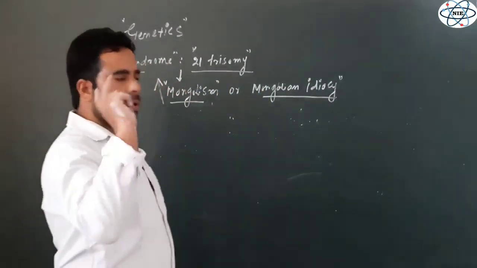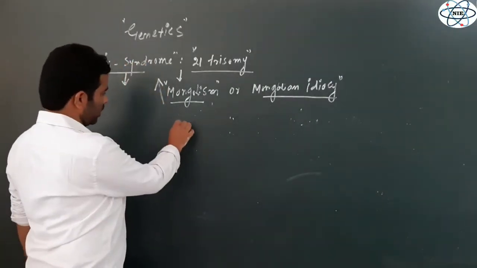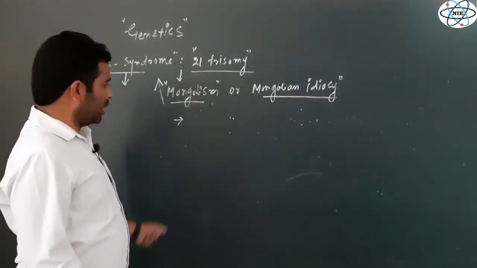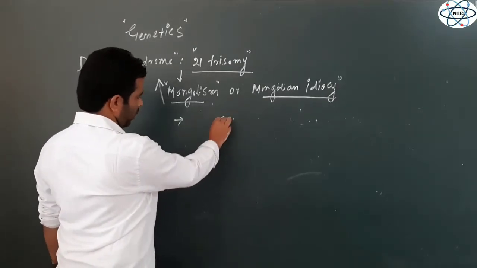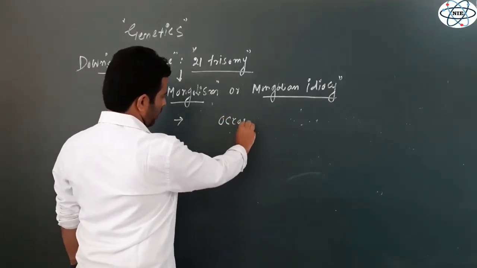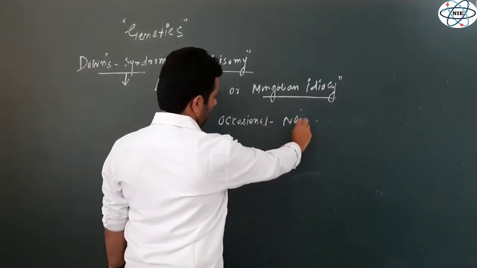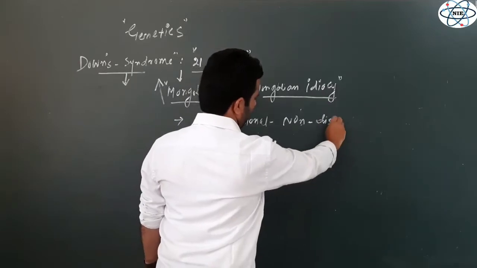I mean, there are 2 copies of each other chromosome, right? Now the answer to this question is that this condition, where there are 3 copies of chromosome 21, is because of occasional non-disjunction.